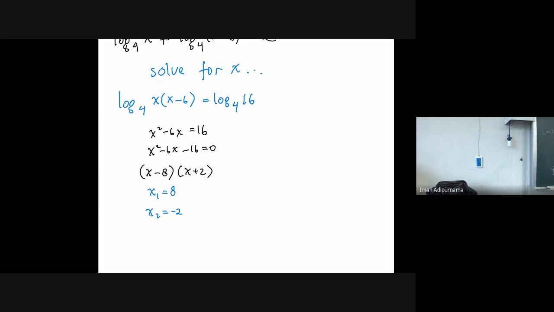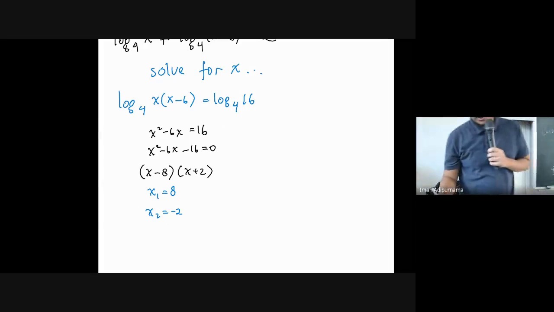Yeah, we have to check all these x1 and x2 against the original equations. If it is impossible, then you need to choose which one is possible for the answer. If you check the negative 2.